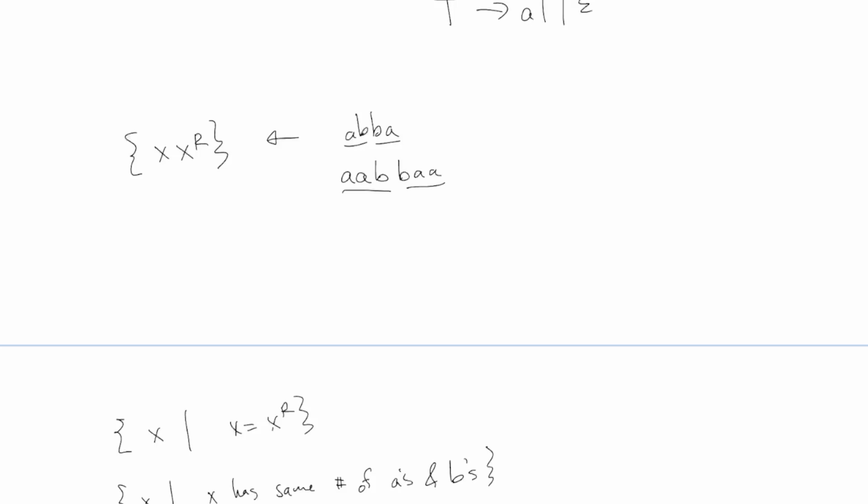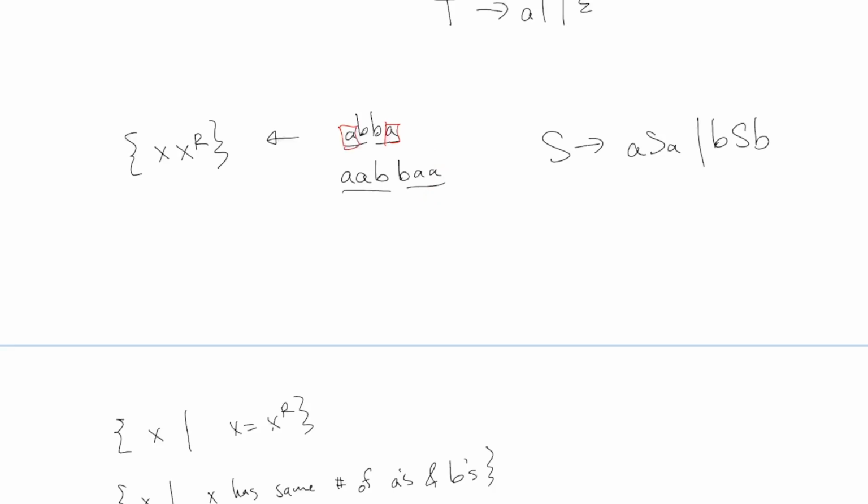I don't know if this is right, but I did S goes to ASA or BSA or BSB. ASA or BSB. I like this idea. This is, I think, recognizing the fact that whatever the string starts with has to match what it ends with, right? So if it starts with an A, it's got to also have an A at the end.